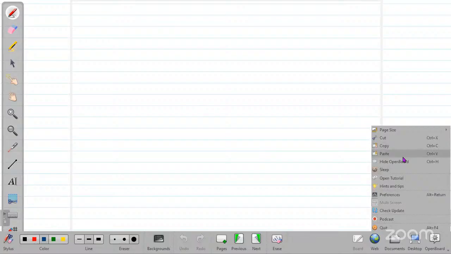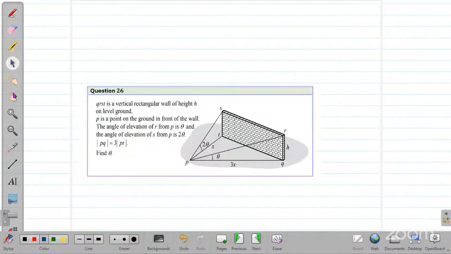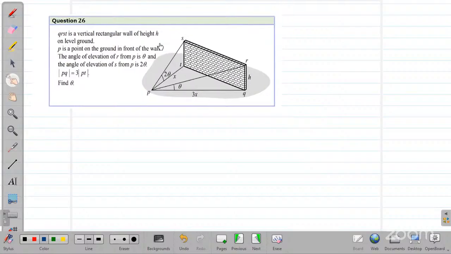We'll go to the next one, number 26. Okay, I already opened it. A little challenging problem, I think. QRST is a vertical rectangular wall of height h on level ground.